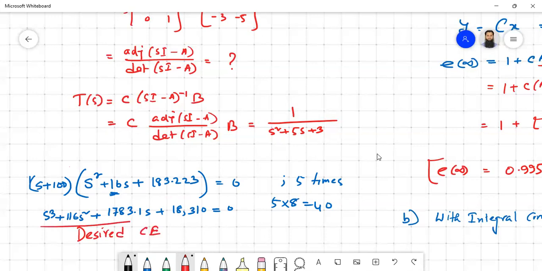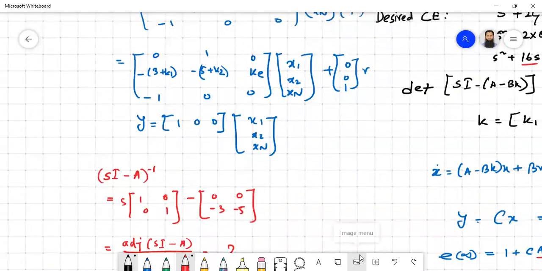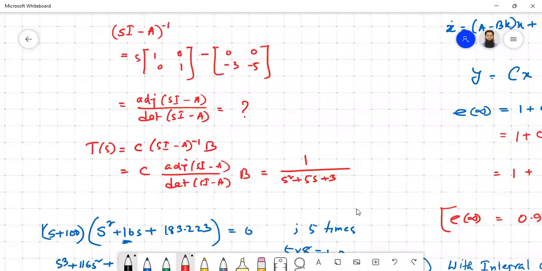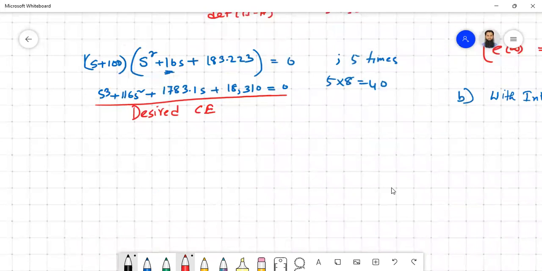Now we should go for what should be our designed characteristic equation. That has to come from this new system matrix. We can derive in this way what our designed characteristic equation should be.